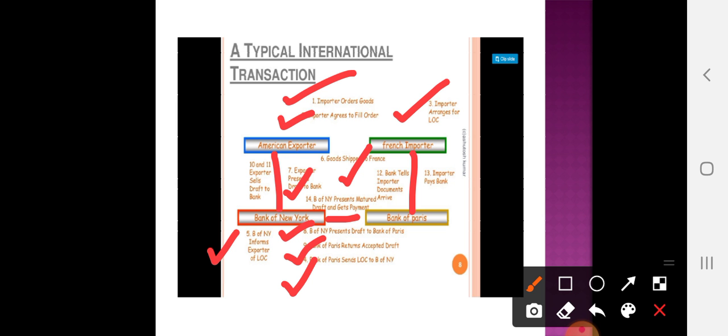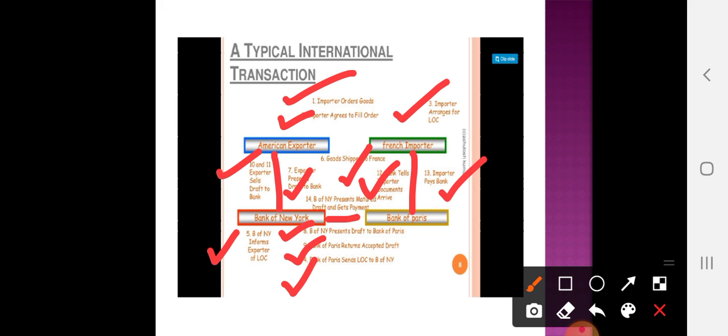The tenth step is that the exporter sells the draft to the bank. The next step is that the bank tells the importer documents have arrived, the documents which are related to the export. Next, the importer pays the bank.